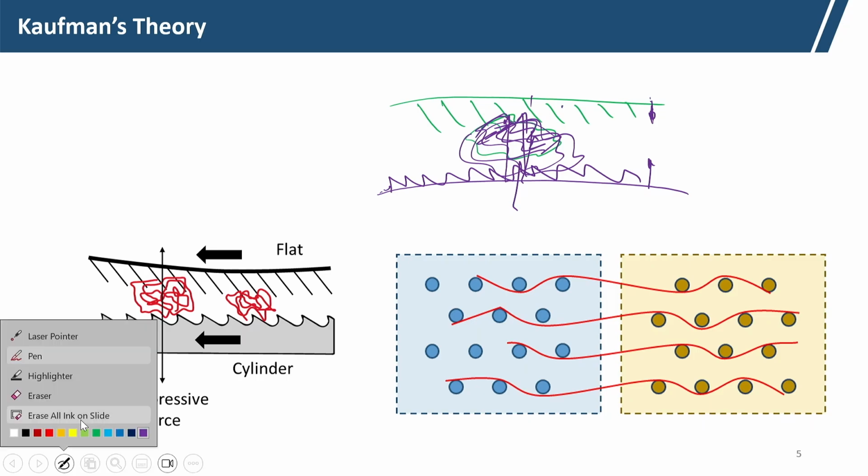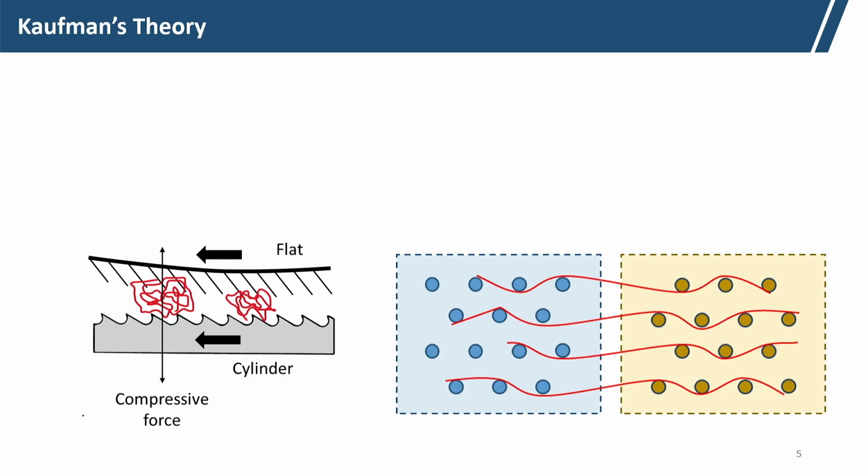And here what happens, suppose this is a flat, and these are the cylinder pins from the top view of the surface. This is the flat pin and here is the cylinder pin. Now, suppose fibers are arranged in this fashion, penetrated within these in tuft form.